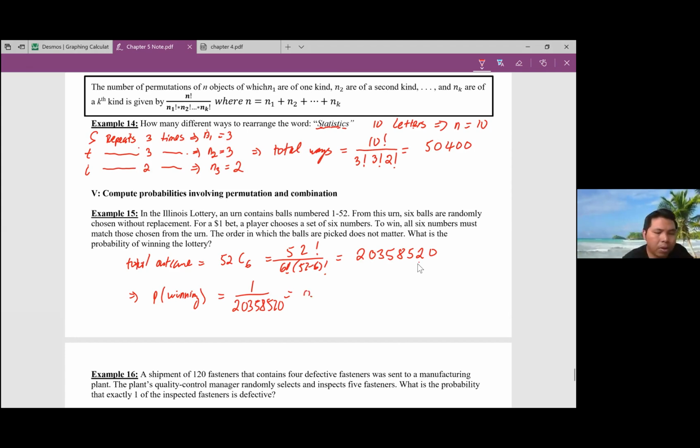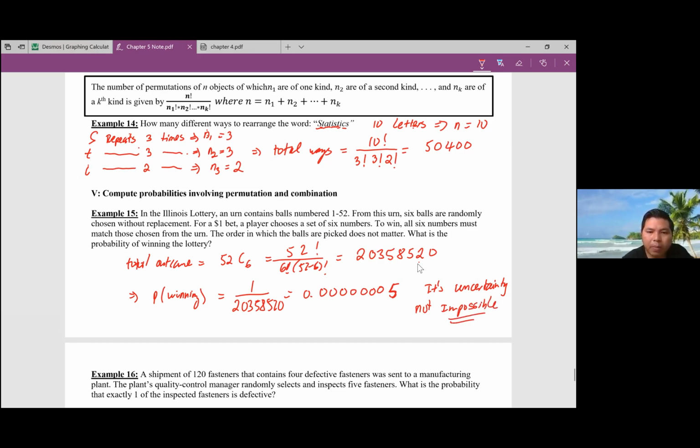All right, we get 0.000000049 or so, right? So again, it's uncertain, not impossible.